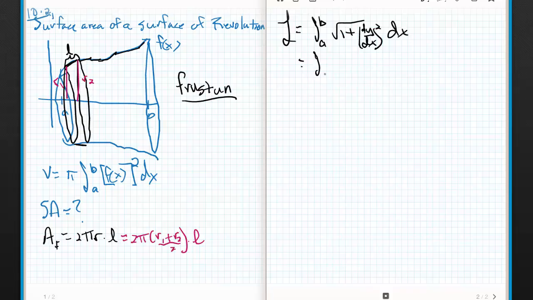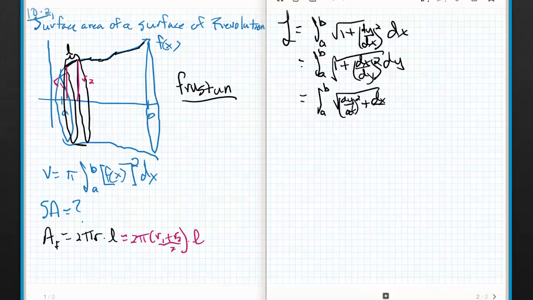It's equal to the integral from a to b of the square root of 1 plus dx over dy squared, dy, if it's a function of y. And then lastly, if it's parametric, then it's the integral from a to b of the square root of dy over dt squared, just a quick little review, nothing wrong with that, right, plus dx over dt squared, dt.